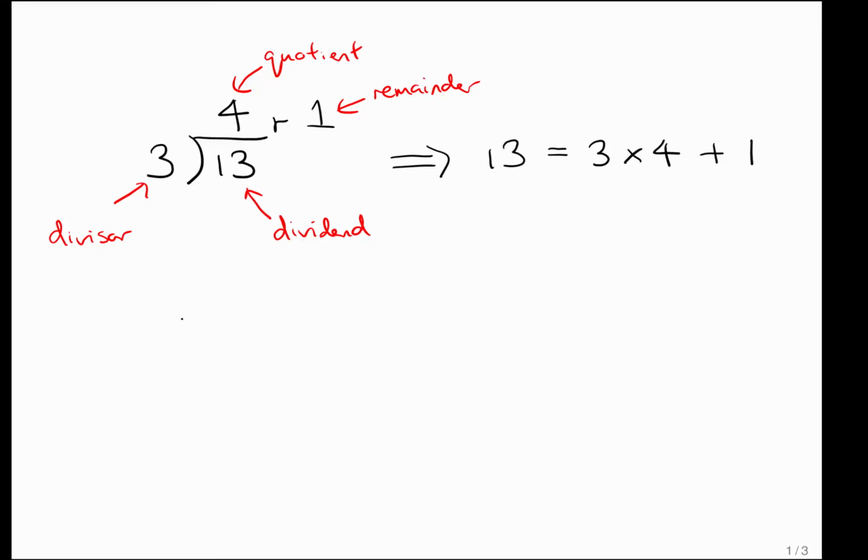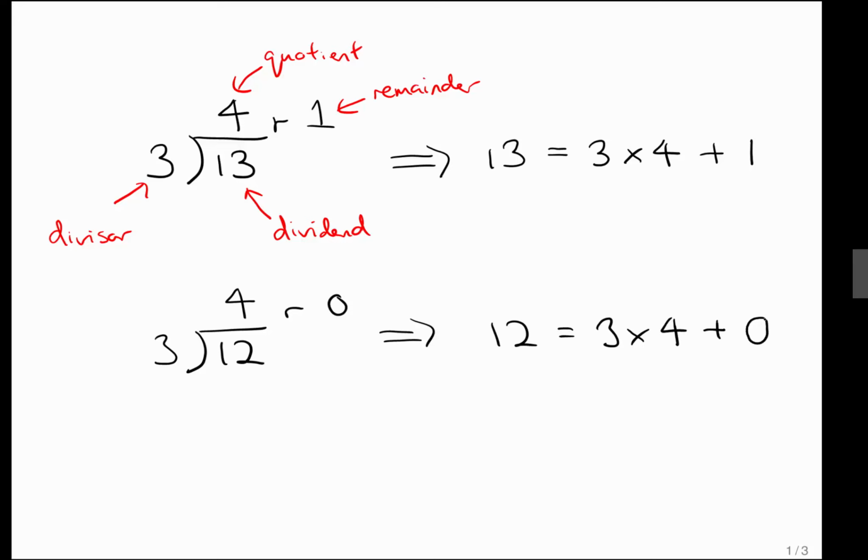Alright, if we divide 12 by 3 now, we get the quotient 4 once again, but this time with remainder 0. Thus we can say 12 can be decomposed into 3 times 4 plus a remainder of 0, which we can leave out.